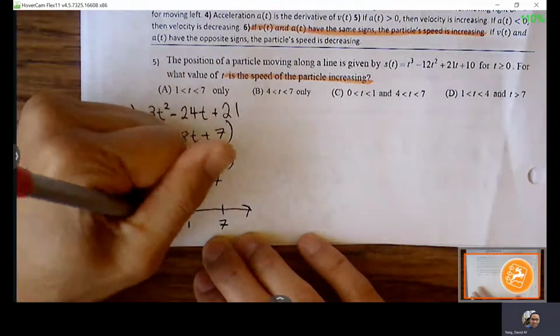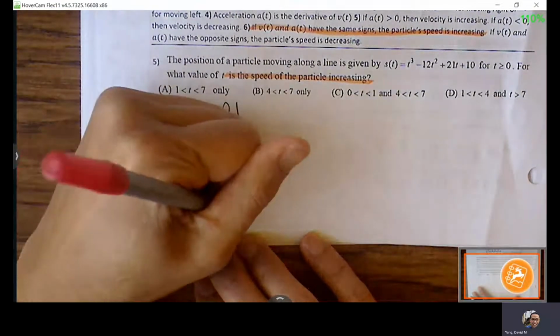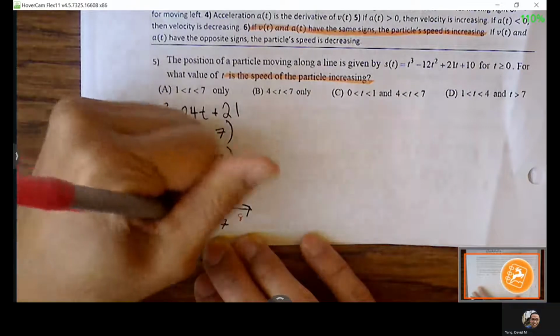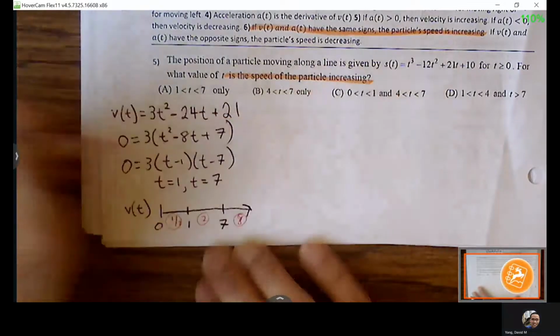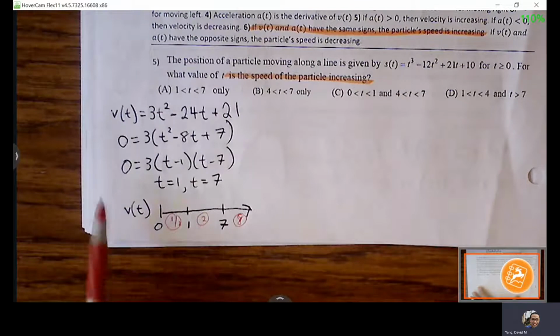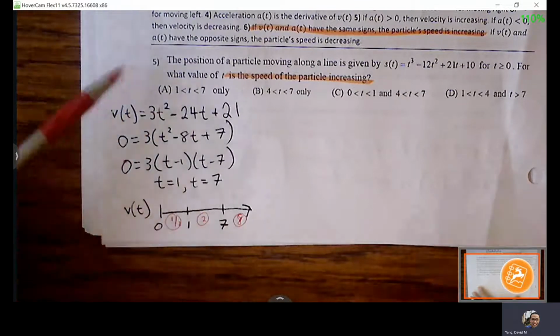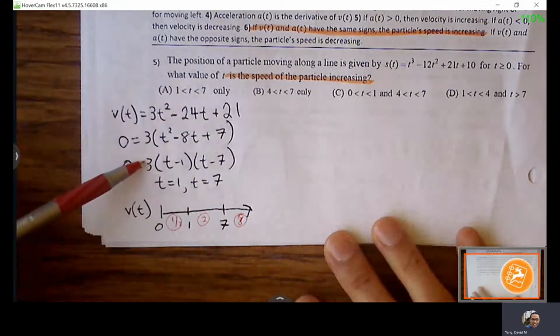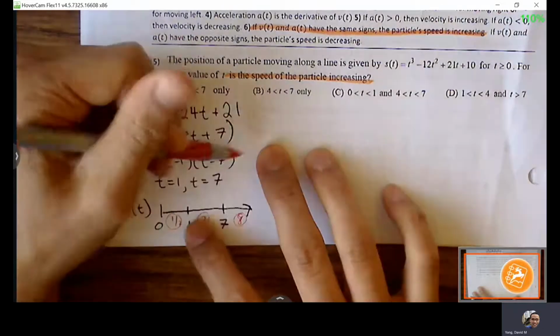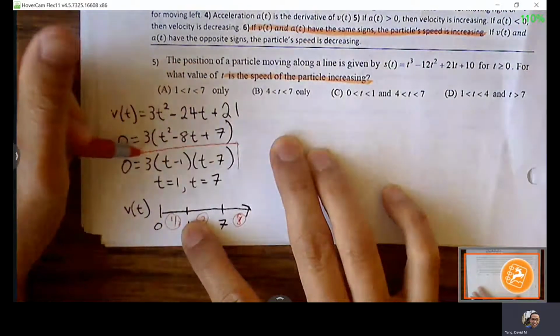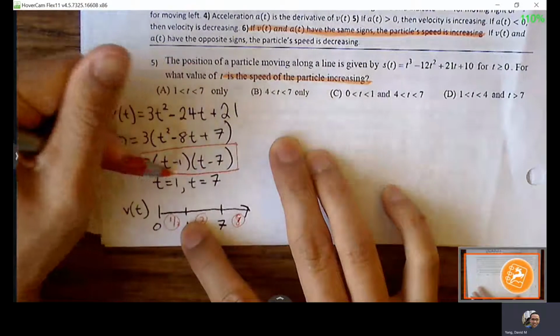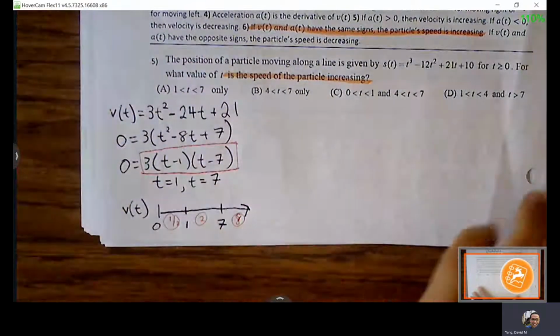I'll test 1/2, I'll test 2, and I'll test 8. Now, all this is going to go into the velocity function. Any velocity function is fine, but typically we like to go after the factored form. Factored form is going to be the easiest one to gather information quickly about positive and negative values.